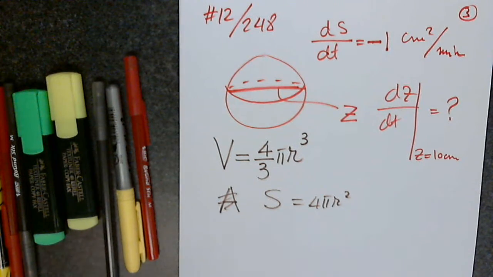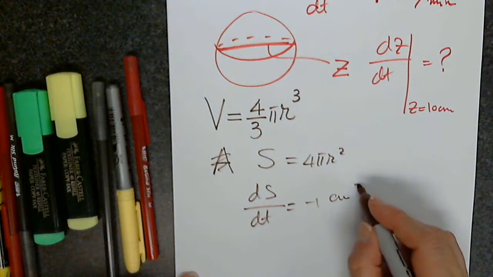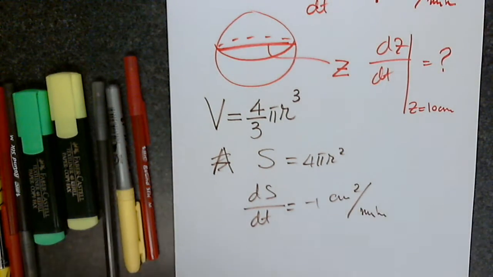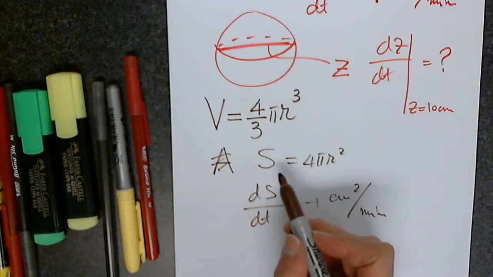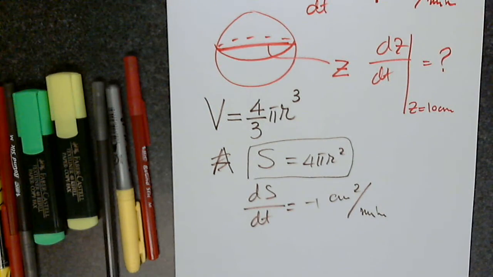Okay, so I know now that ds over dt equals -1 per minute. I will differentiate both sides here, but I really don't want to differentiate before I change r into z over 2.